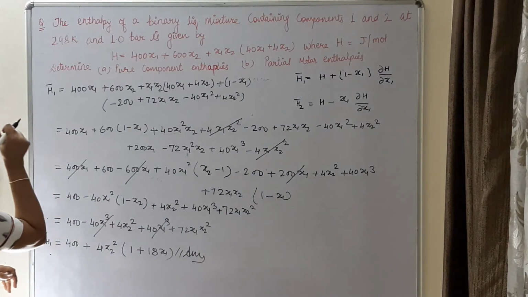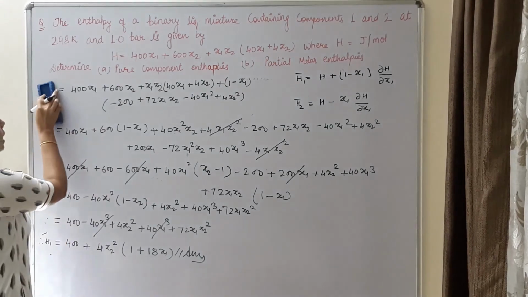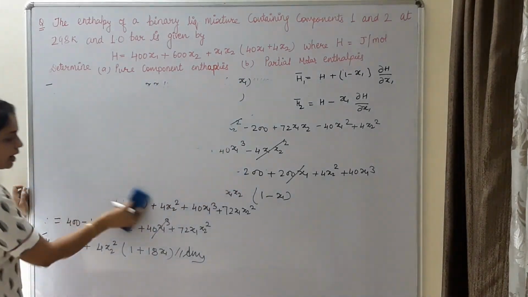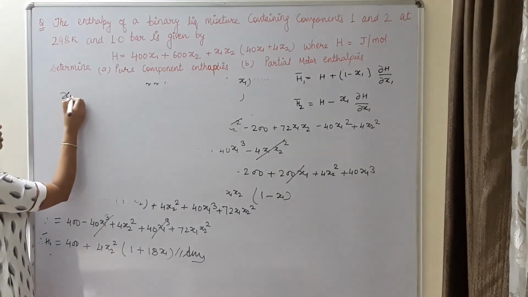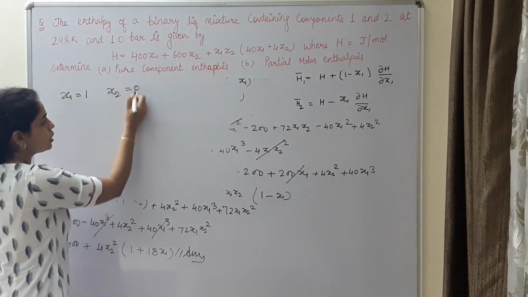Now we need to find out the pure component enthalpy. For the pure component enthalpy, we know that pure means only component 1 is there, right? So that means the value of x1 is 1, and the value of x2 is 0.